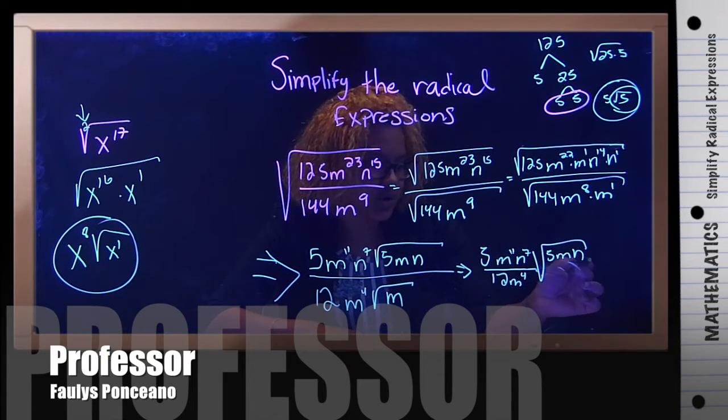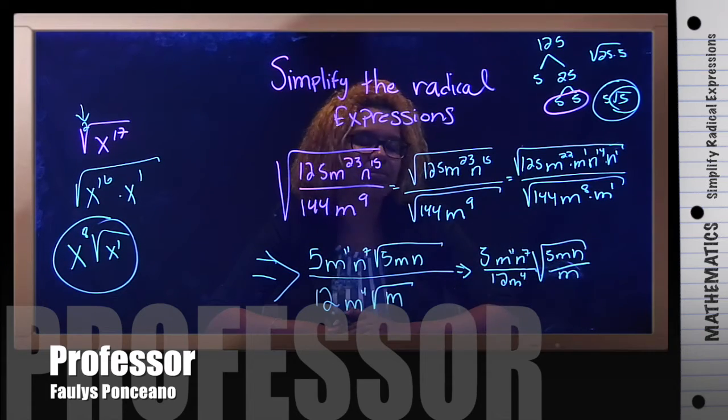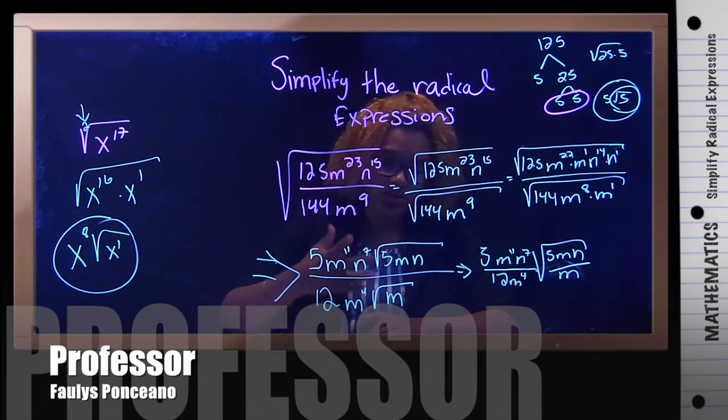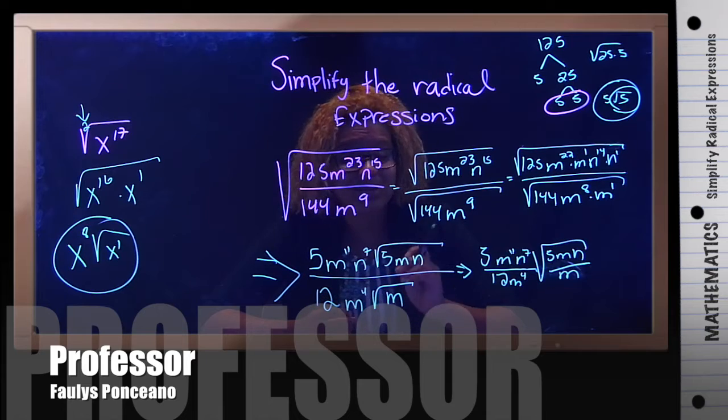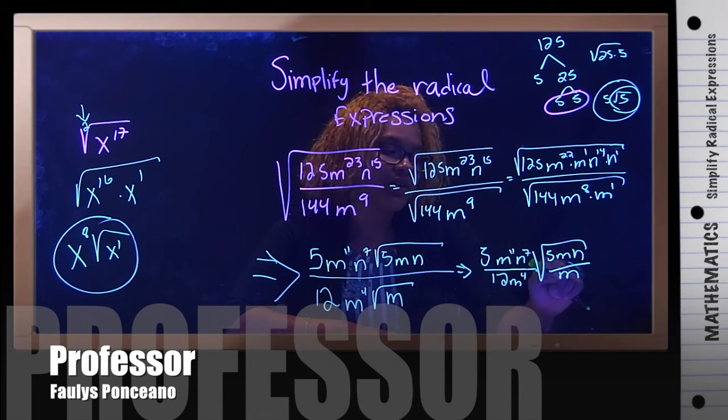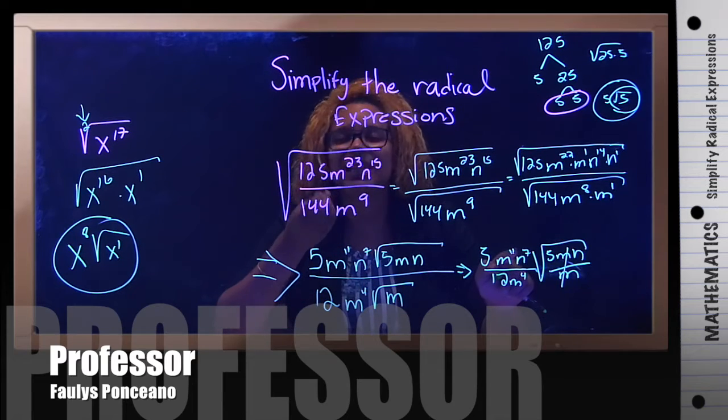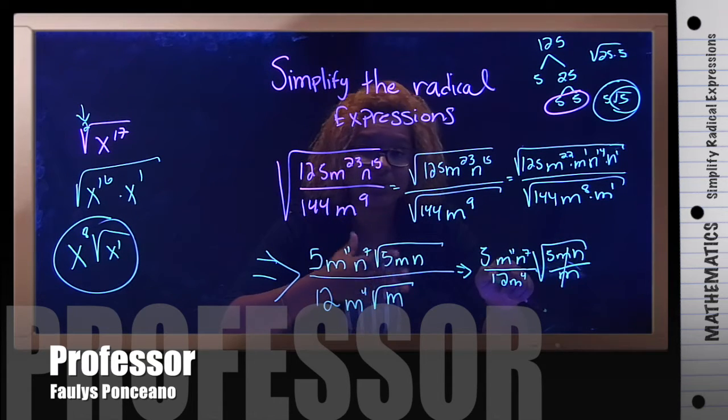5 square root of mn over square root of m. Why do I want to write it all together? Because you can simplify it more, okay? Right here, the m's will cancel. m to the 4 can take away from m to the 11, and that will leave you with 8, right? It's 8?